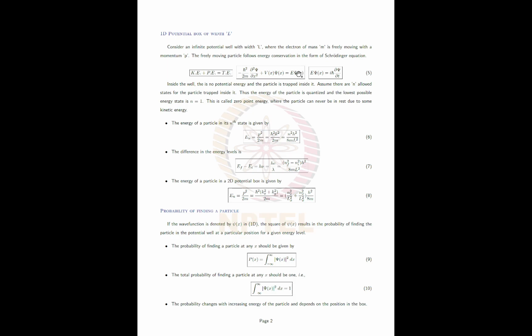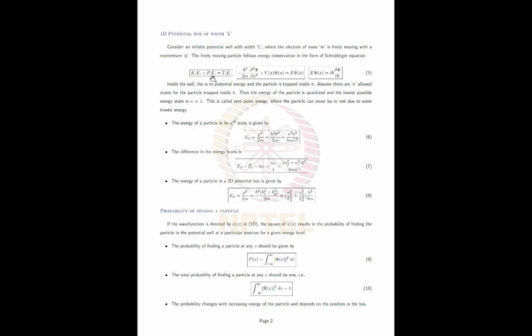So psi x is the particle wave equation of the electron, and it also satisfies the equation E psi x equals i h cross del psi by del t.